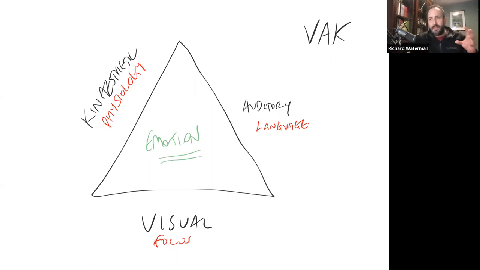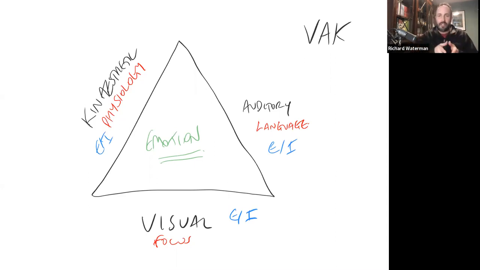If you break it down even more, we can look at factors which are both external and internal, and they can apply to all three of those senses. Then we start to get an idea of why we feel how we feel.